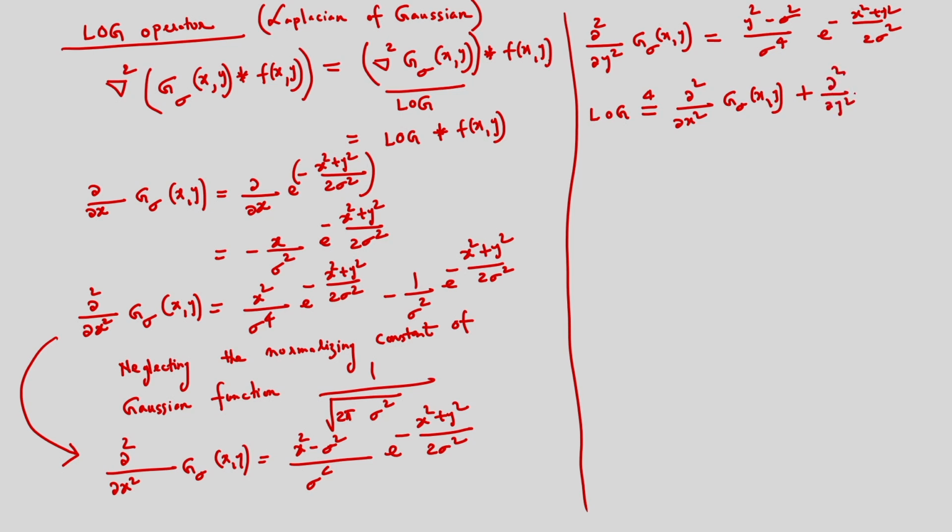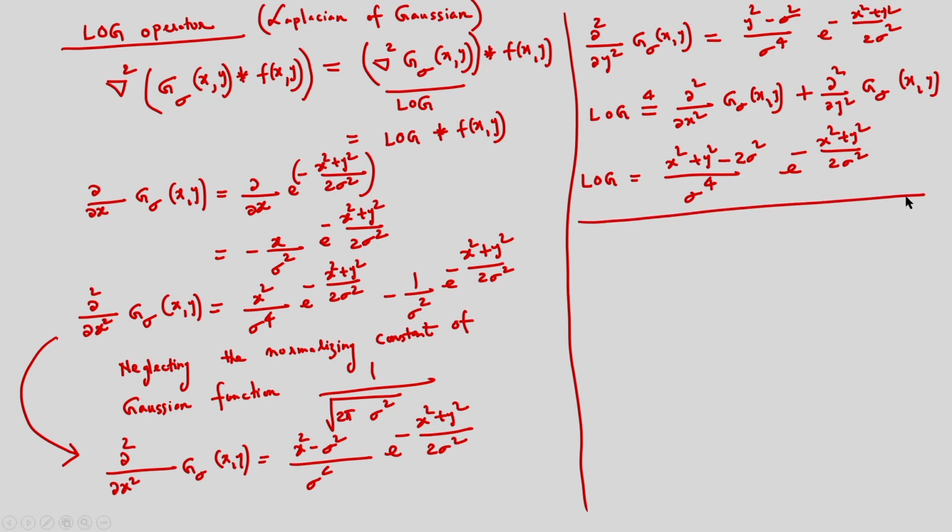Finally my LoG operator will be x square plus y square minus 2 sigma square divided by sigma to the power 4 e to the power minus x square plus y square divided by 2 sigma square. So this is my LoG operator, you can see.